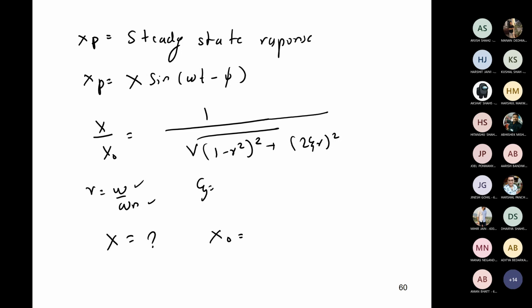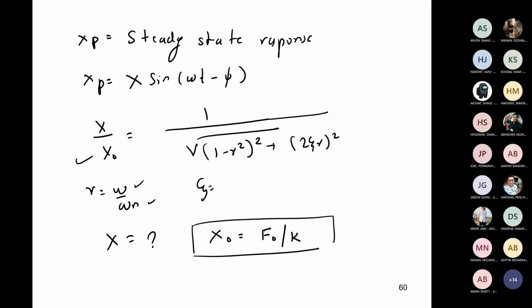If x0 is 0, then this becomes infinity, no? F0 by k. Right. So how to find out what x0 will be given as? F0 by k. Okay, so that is what I wanted actually. So you know x0, so you can get x.